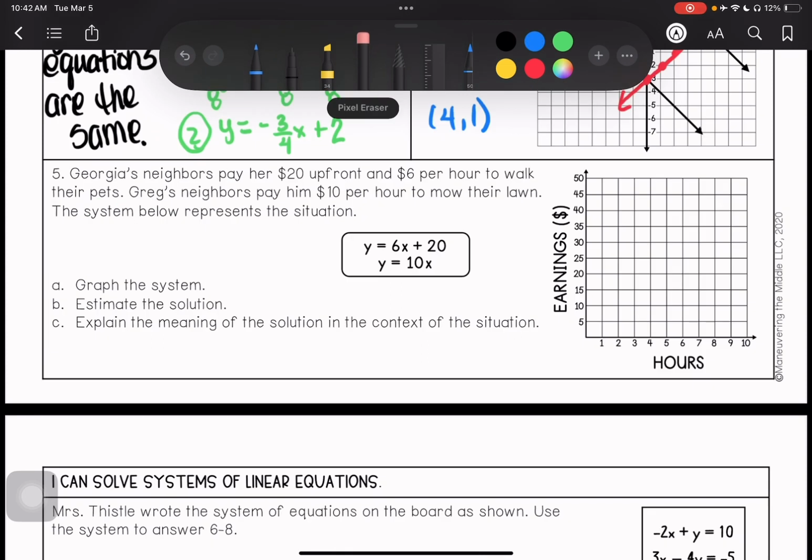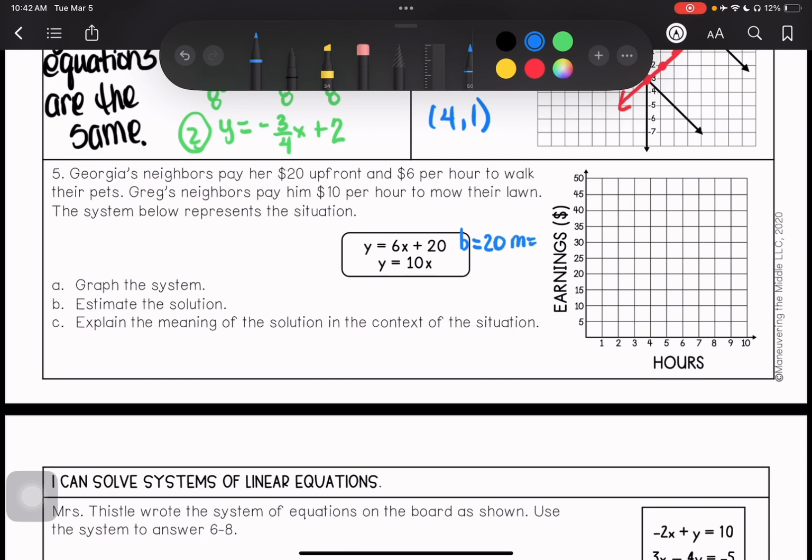All right, number 5. It says George's neighbors pay her $20 up front and $6 per hour to walk their pets. Greg's neighbors pay him $10 per hour to mow their lawn. The system shows the situation that it represents. So the first part, A, says graph the system. So the y-intercept is 20.